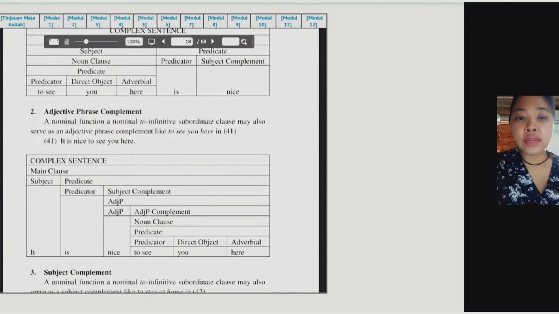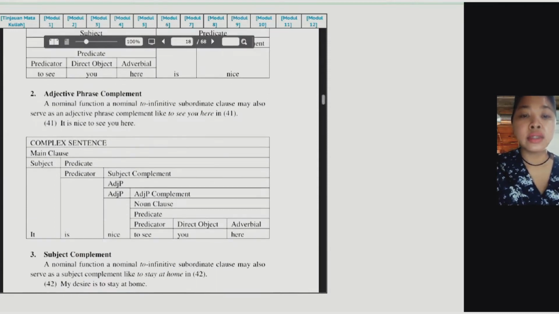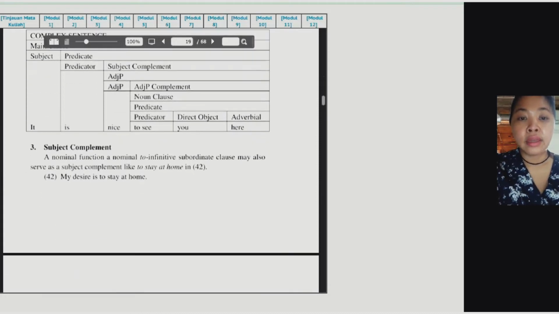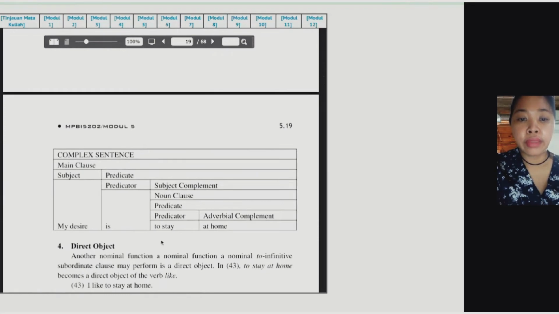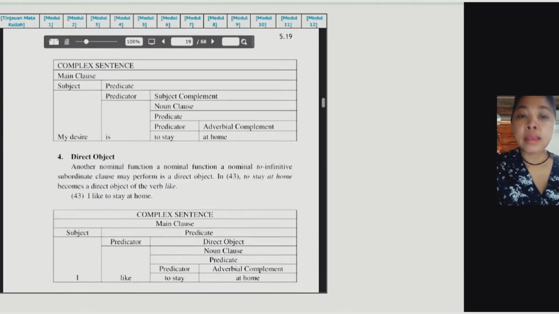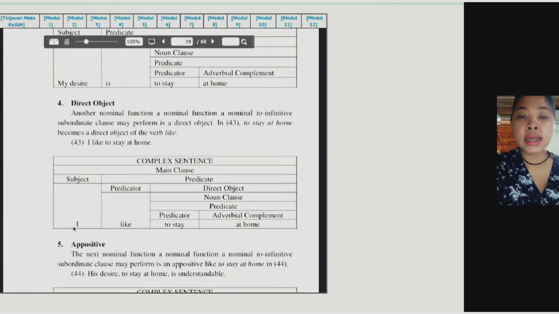And for adjective phrase complement, it comes after the adjective phrase, like it is nice to see you here. And for subject complement, like my desire is the subject complement, the noun clause, to stay at home. And the direct object is, I like to stay at home.